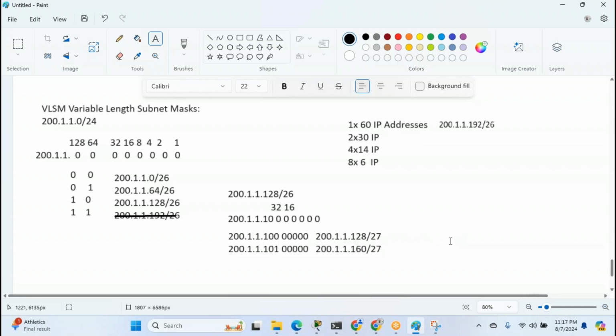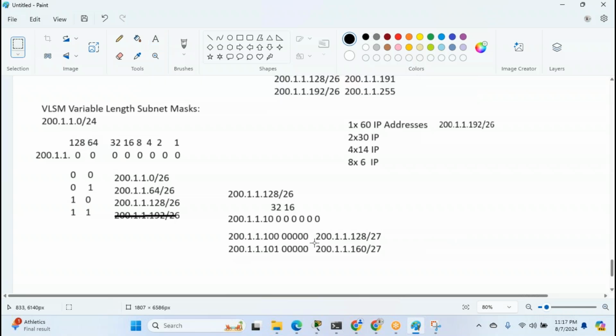We can give these two subnets to the customer who requires two subnets of 30 IP addresses. So this requirement is fulfilled here, and now these are not available anymore.